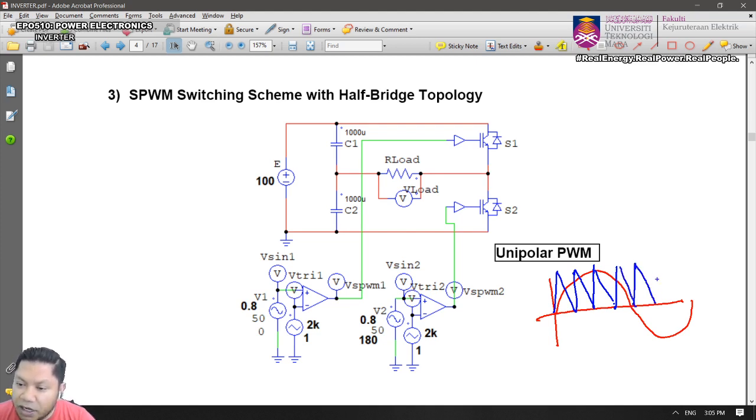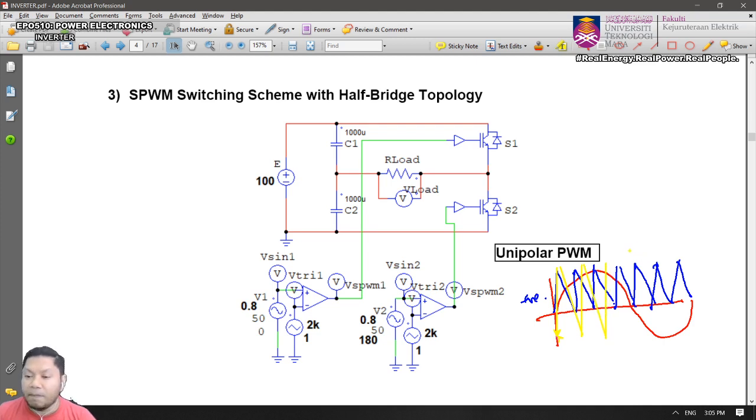And for unipolar, you're going to have this type of triangular carrier signal. It consists of only positive values. There is no negative. Just now I had this waveform, positive and negative triangle, isn't it?